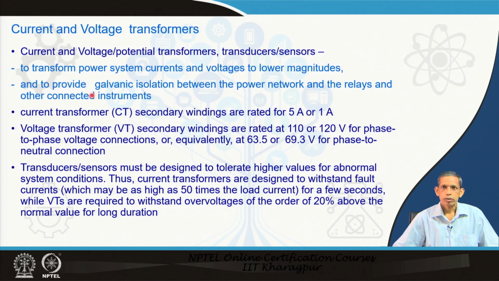So, we will see that earlier in all our discussions on relays, we assumed that the sensors provide the signals of the systems perfectly, and based on that consideration we see that current transformer secondary windings are rated 5 ampere or 1 ampere.